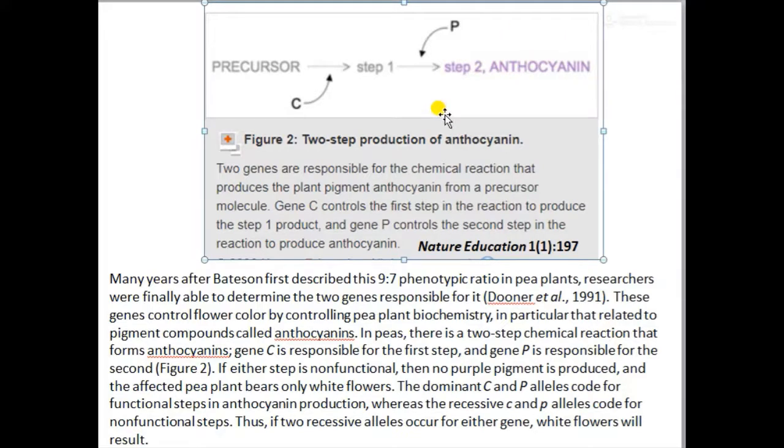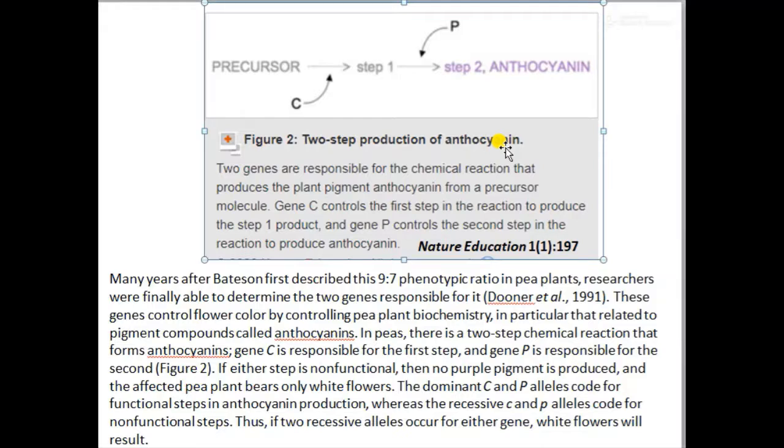So the violet color is formed only when both capital letter C as well as capital letter P are present. The production of anthocyanin, as we mentioned, requires both genes, capital letter C as well as capital letter P, to act together.